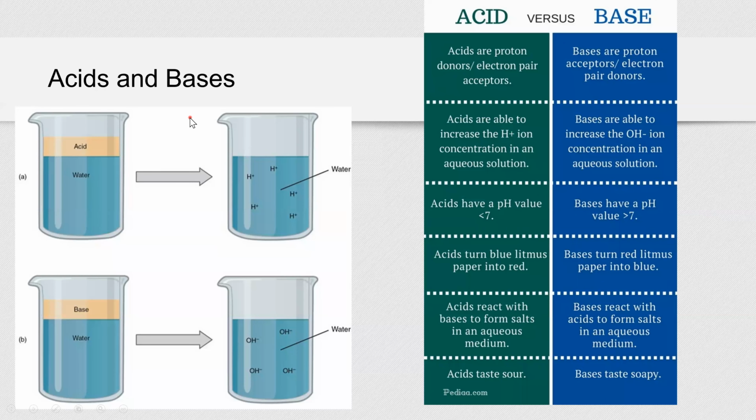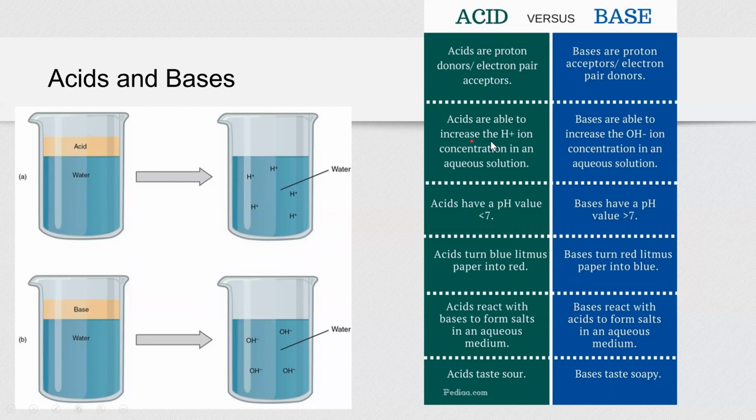Acids and bases. Now, the definition for acid is a compound that donates hydrogen ions, and bases accept hydrogen ions, right? So acids donate hydrogen ions, and bases accept hydrogen ions.